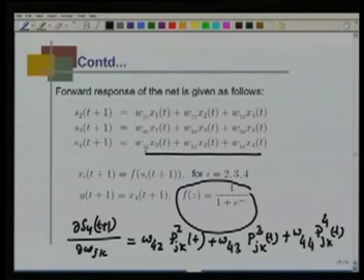If it is w42, then the differentiation of this will also give x2(t); if jk is 43, then the differentiation with respect to w_jk, besides this term, also gives x3(t).